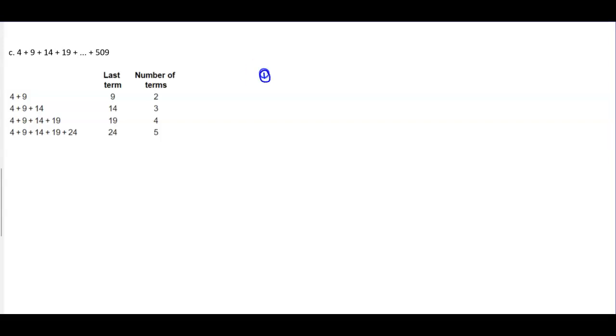So what that means is, we're going to let n again represent the number of terms, and we're going to let L equal the value of the last term. So what we end up getting is the following. We know that L plus 1 is going to equal 5 times n.